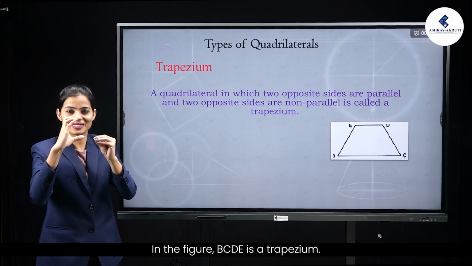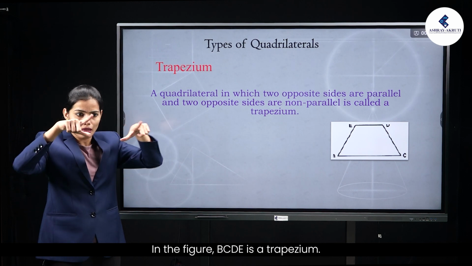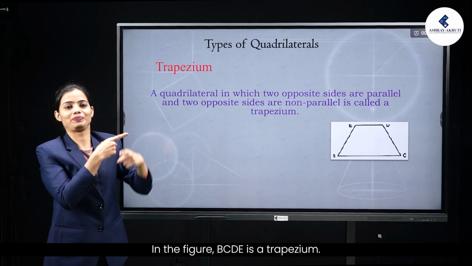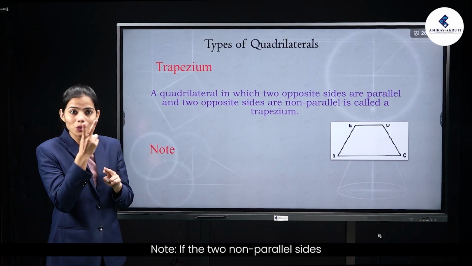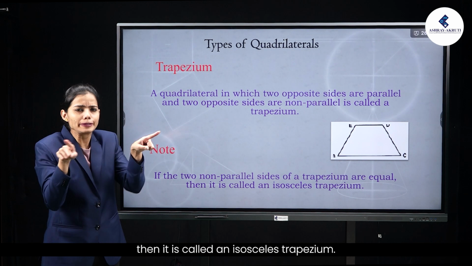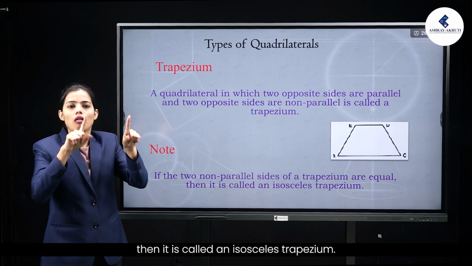In the figure, BCDE is a trapezium. Note, if the two non-parallel sides of a trapezium are equal, then it is called an isosceles trapezium.